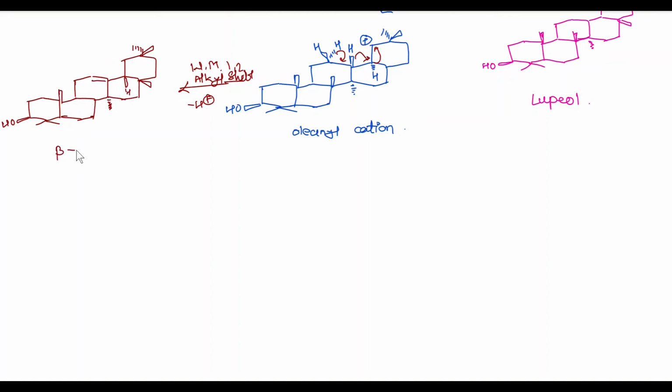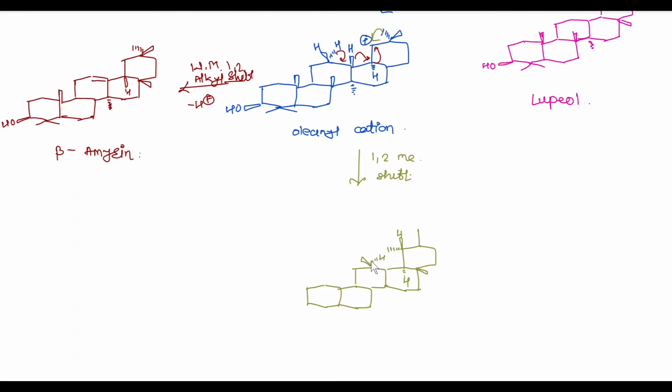This is beta-amyrin. Instead of Wagner-Meerwein 1,2 alkyl shift and minus H plus, if you shift this methyl group onto this carbocation, then we get here a positive charge, and this new cation is called taraxasteryl cation.